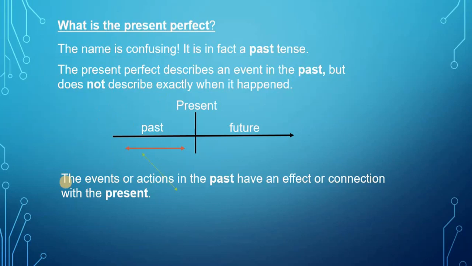Maybe Anne fell on the floor here, or here maybe, or even here. We do not know with the present perfect. It is not important, and the events or actions in the past have an effect or connection with the present.